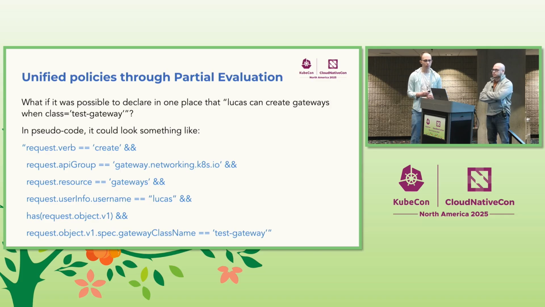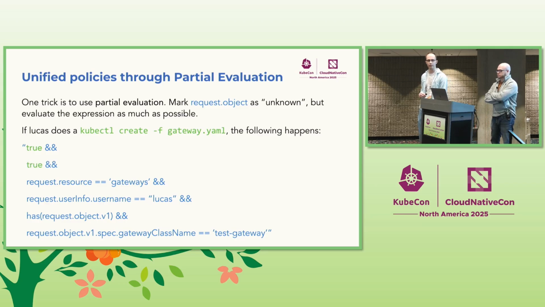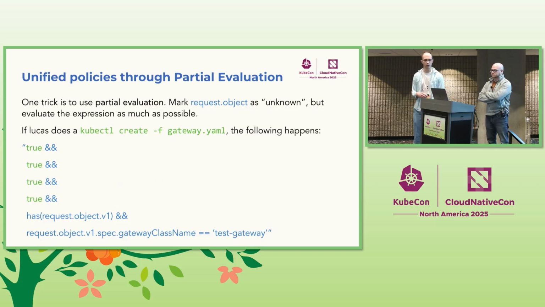In pseudocode, the expression would look something like this. If I do kubectl create with this, then the partial evaluation will check that it's Lucas, it's a create, all of that kind of stuff. All of them are true, only up until the point where it references the object. So it says, now I don't know the object in authorization, so I cannot evaluate this request.